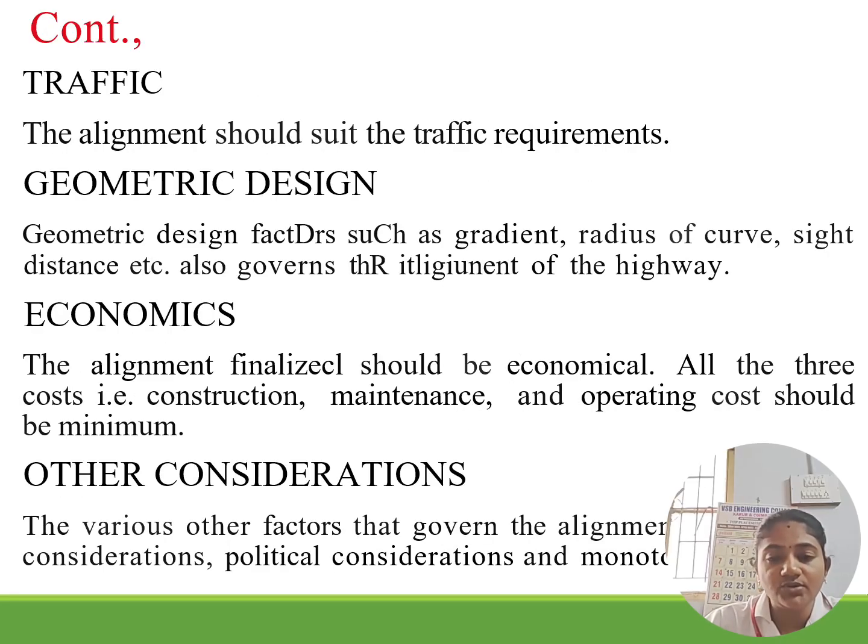Traffic: it should suit the traffic requirements. In the geometric design we are talking about the gradient and radius of curves, side distance, etc. Economics: it should be highly economical in construction, maintenance and operating cost, kept to a minimum. Other considerations are climatic factors and political considerations.